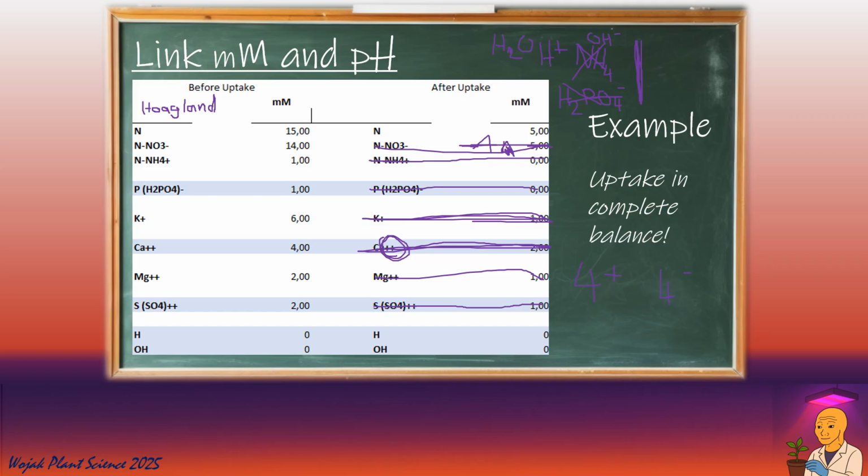So in that example, I was trying to show you what happens to your pH when everything is taken up. This is an example where I wrote here, uptake is complete imbalance. But normally this is not the case. Imagine you meet the demand of the plant, like you know you require 15 millimole of nitrogen and 6 of potassium.